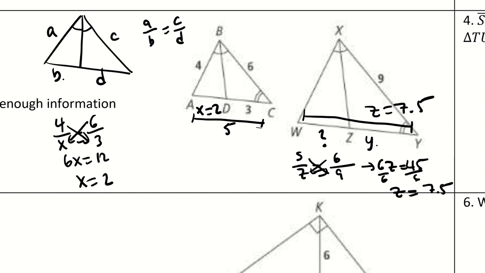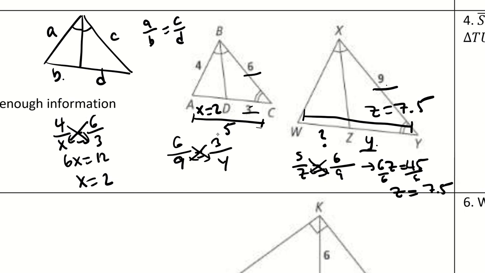All right, so now let's go ahead and find y. To get y, if we just compare these two triangles, meaning just this triangle and this triangle, we can say that 6 is to 9 as 3 is to y.